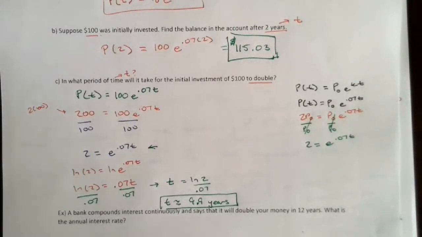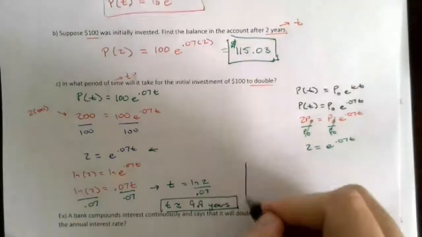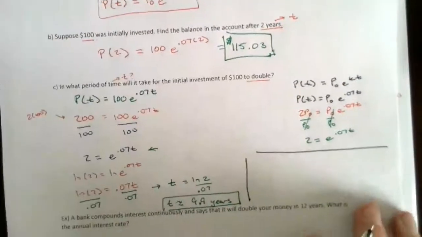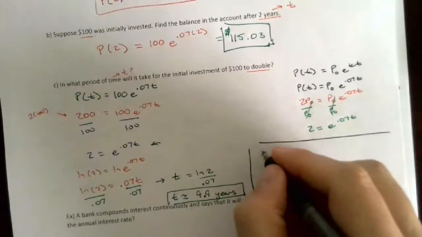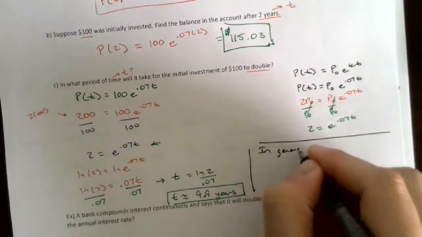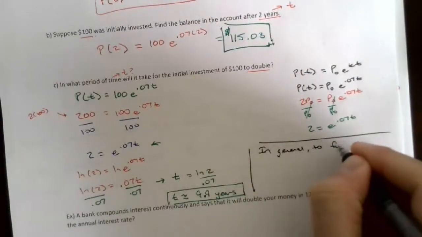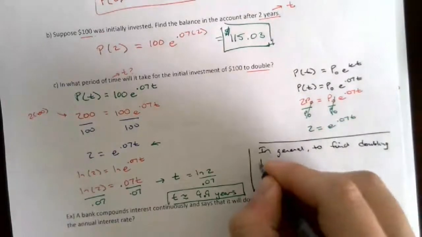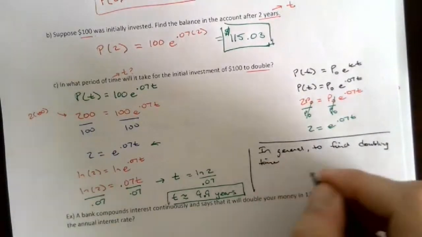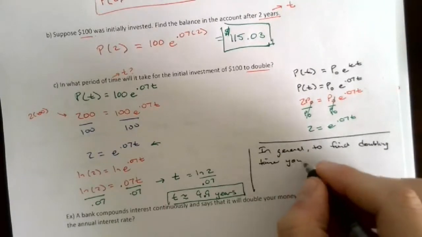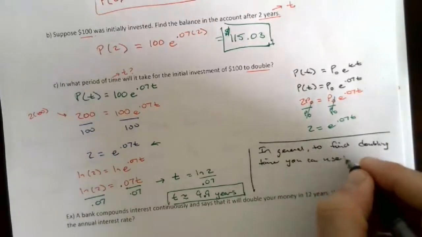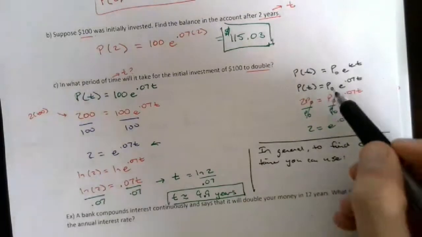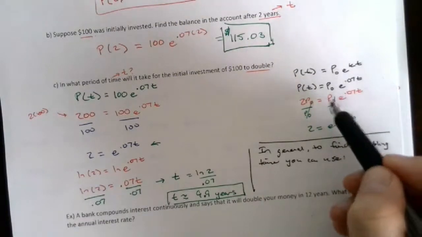So in general, to find doubling time, you can use a shortcut. It doesn't matter what the initial amount was. If the initial amount was 1, this side would be 2.